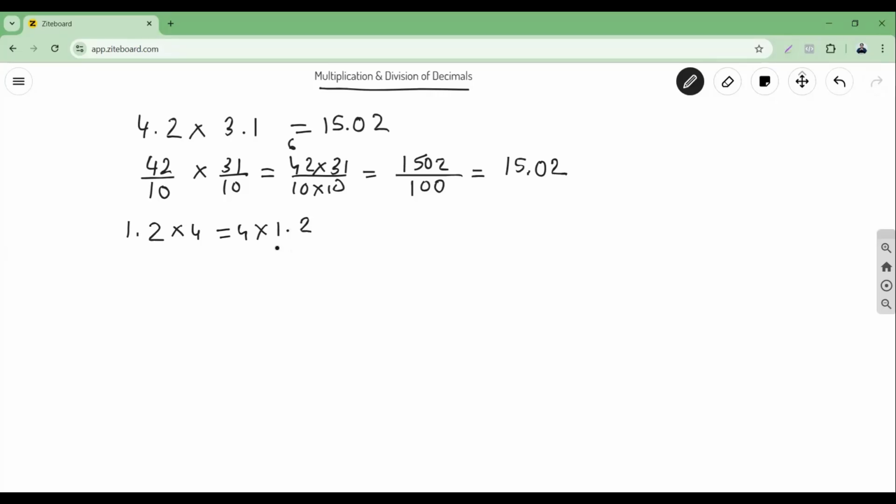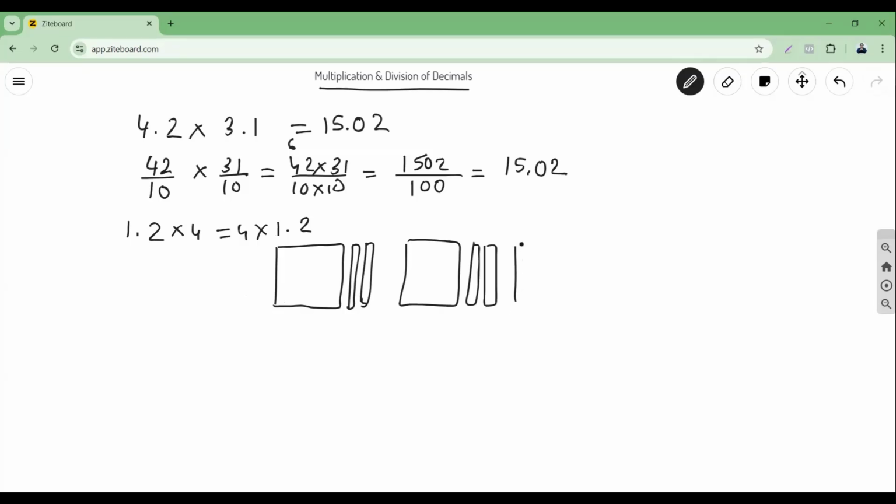If we represent these decimals as flats and rods, like we did in the decimals part 1 video, 1.2 can be represented as one flat and two rods. So if it is 4 times that, I'll have to take the same situation 4 times.